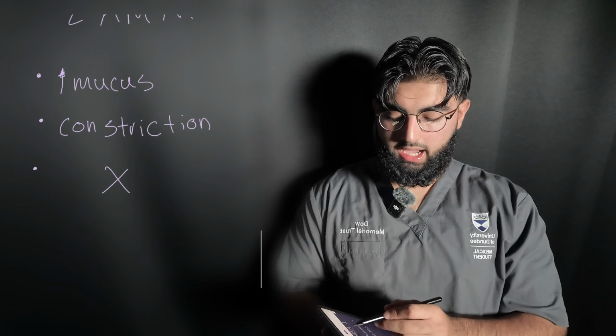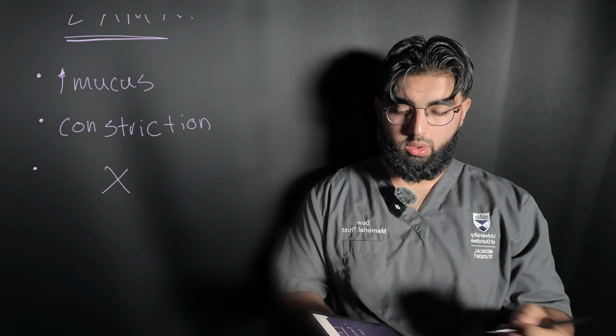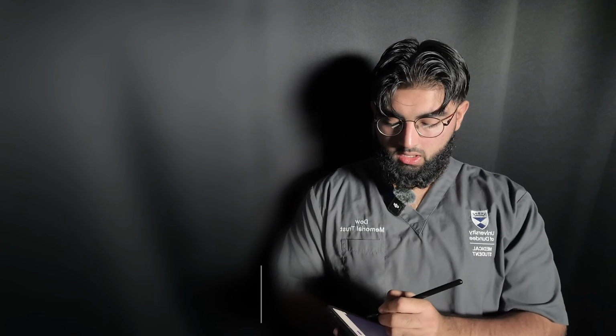Now, long-acting muscarinic antagonists, what are those? Muscarinic antagonists, as inferred by the name, block the effect of muscarinic receptors. When acetylcholine binds to those receptors, it causes bronchoconstriction, right?